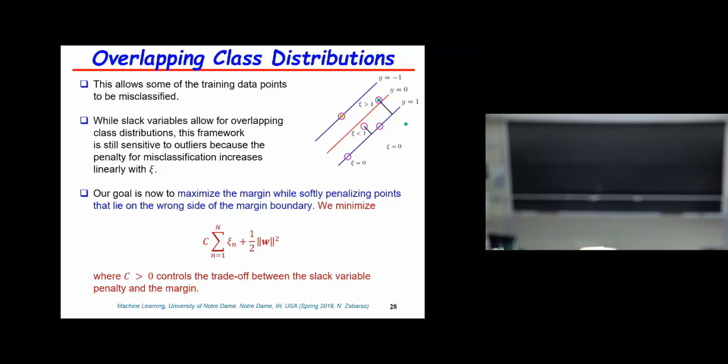I mean, here we minimize, but if we were to maximize, we'd be maximizing 1 over w, and where is 1 over w coming from? You remember these are maximum margin classifiers, so what is the w squared term coming from?